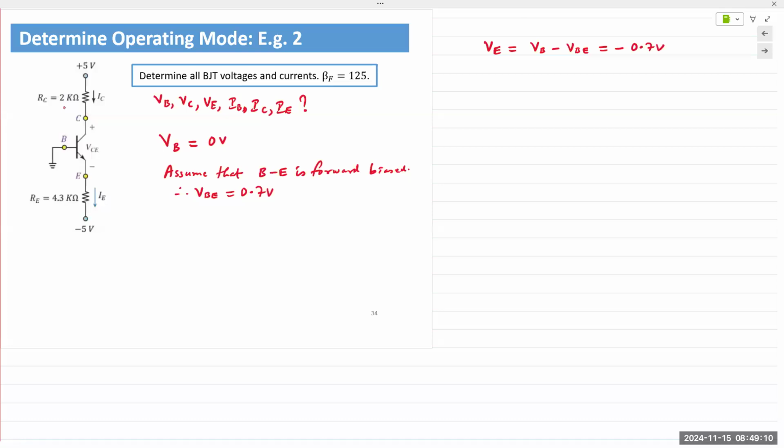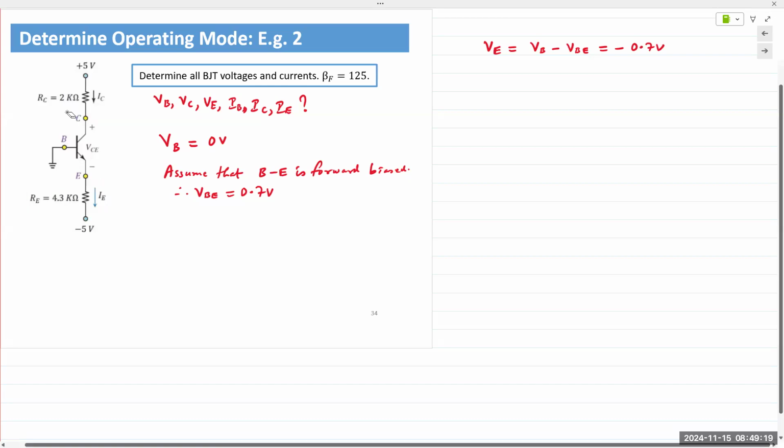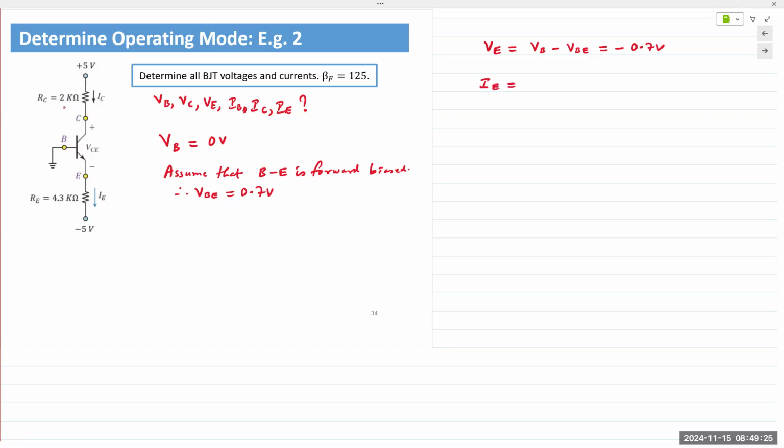Now we can apply Ohm's law to RE and determine IE. So IE is 4.3 divided by 4300. That comes to be, well, 1 milliamp. Right? 4.3 divided by 4300. 1 milliamp.